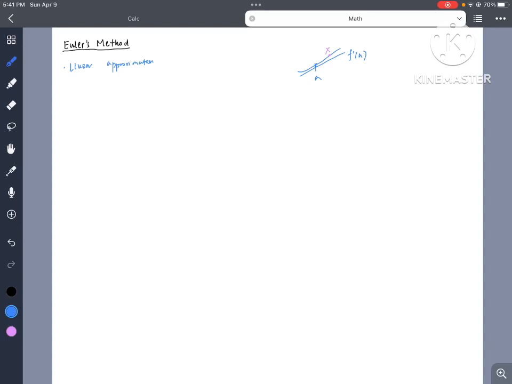So the slope is roughly equal to L, which stands for the linear approximation of x, minus f of a, over x minus a, and we can just rewrite this as L of x is equal to x minus a times f prime of a plus f of a.